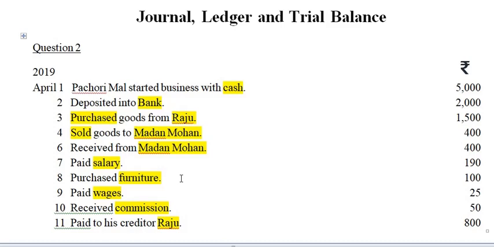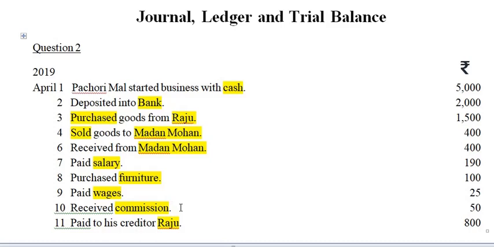But here nothing is mentioned, and cash or bank is also silent about it. So we will assume that cash is involved by default. Similarly, here in paid wages, nothing is mentioned. So it is cash by default. Received commission. So you are receiving a commission, but how you are receiving the commission?